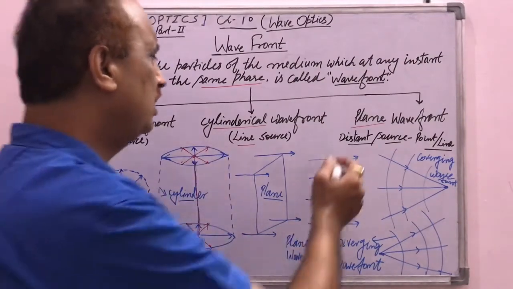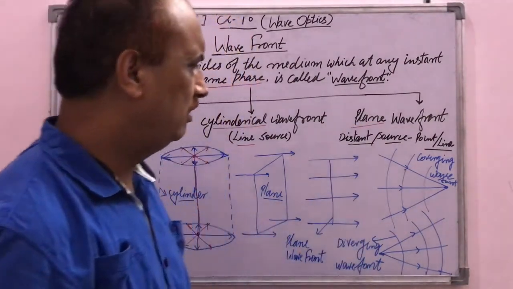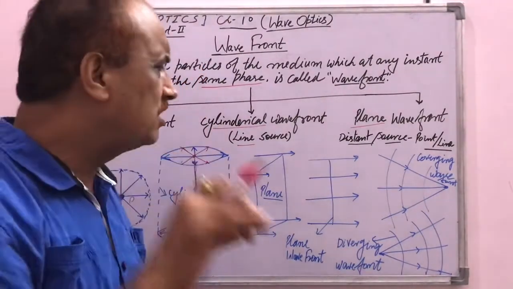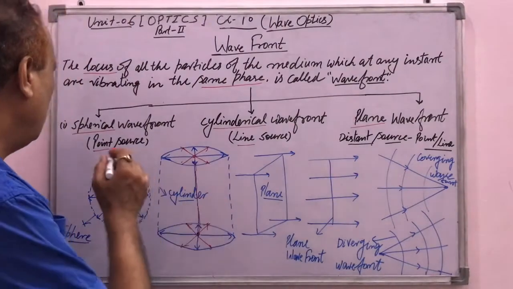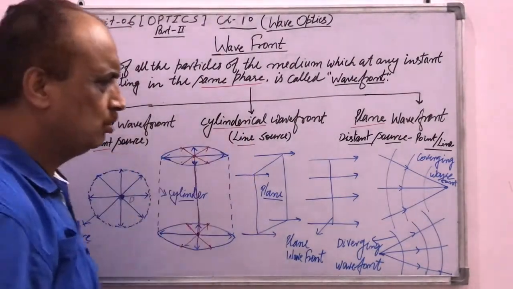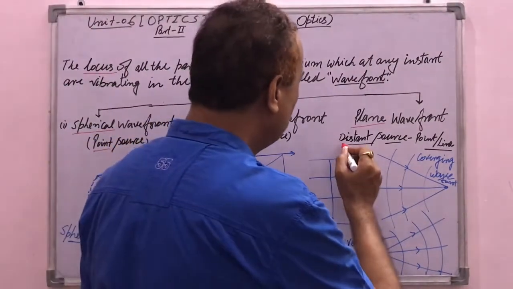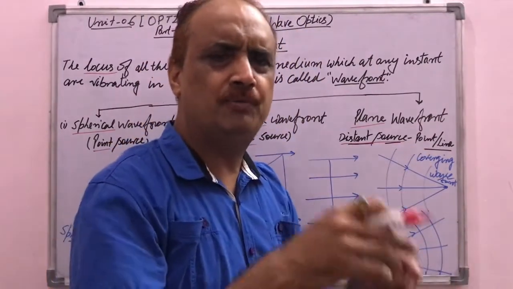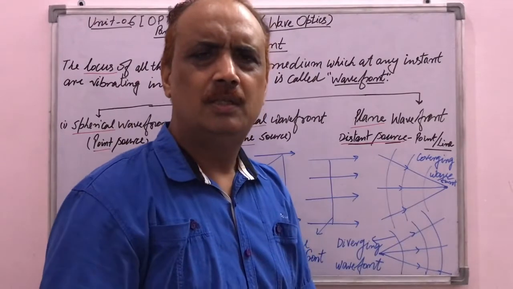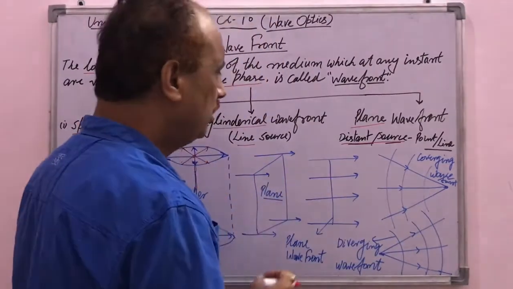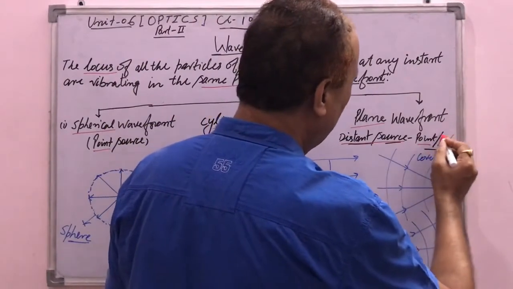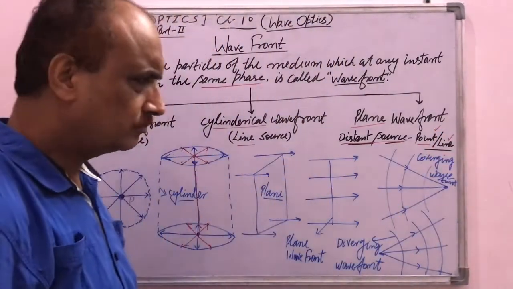And the third is the plane wavefront. Plane wavefront is produced by a distant source, maybe a point source or a line source. But the source should be far away from that point where we have to observe the plane wavefront. It should be a very long distance, so it may be a point source, may be a line source.